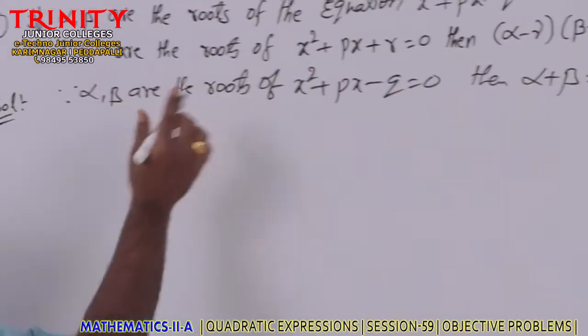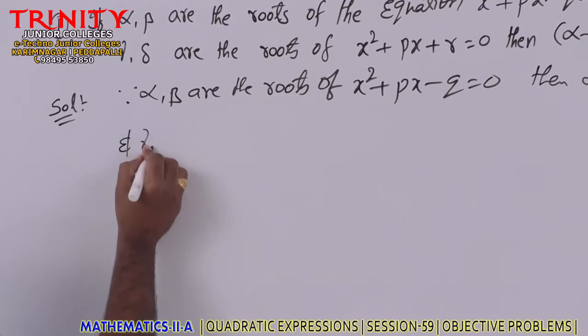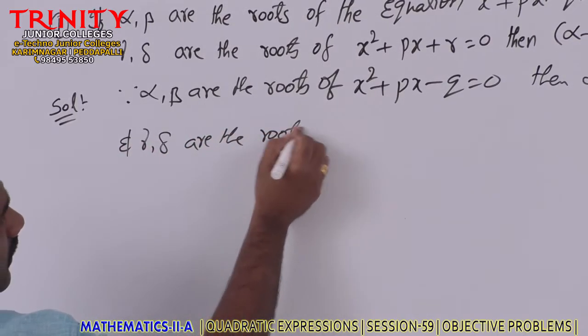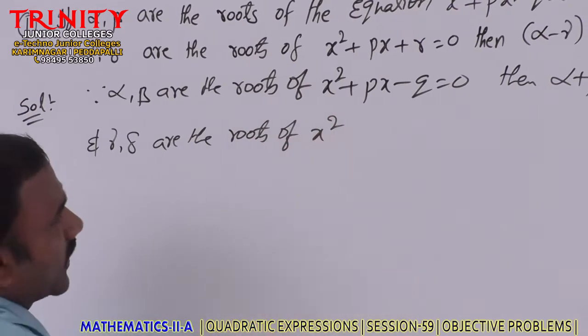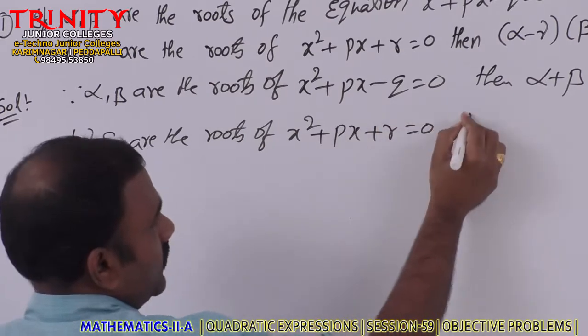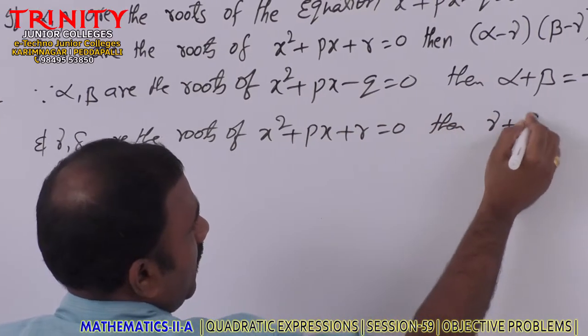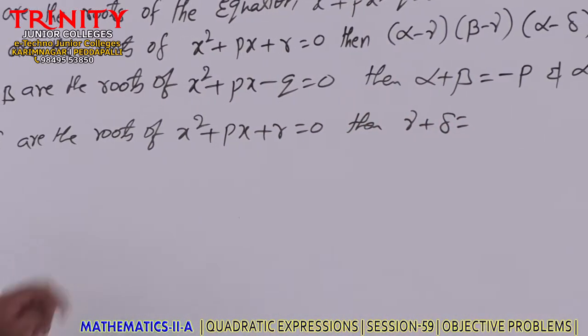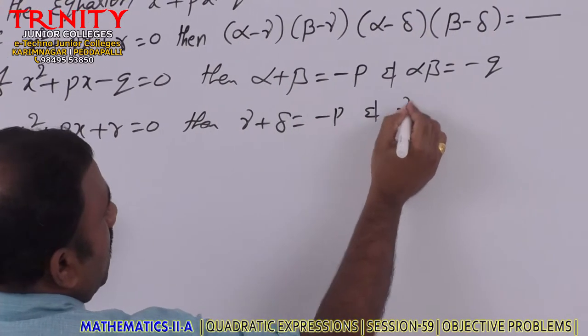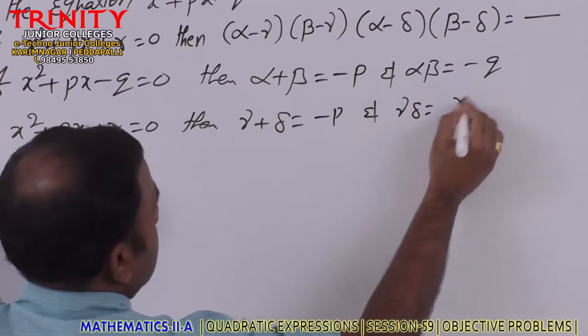And when it comes to the second equation, gamma, delta are the roots of x square plus px plus r equal to 0, then gamma plus delta is equal to minus p, and gamma delta, the product of the roots, is equal to r.